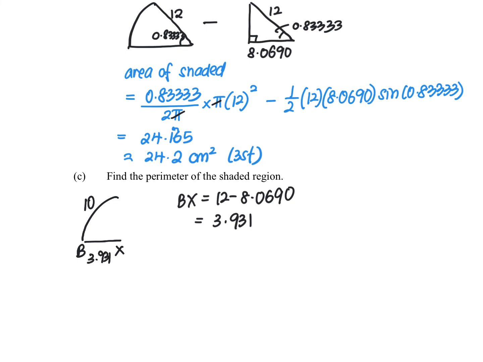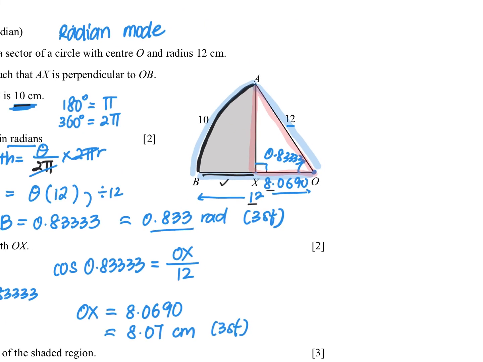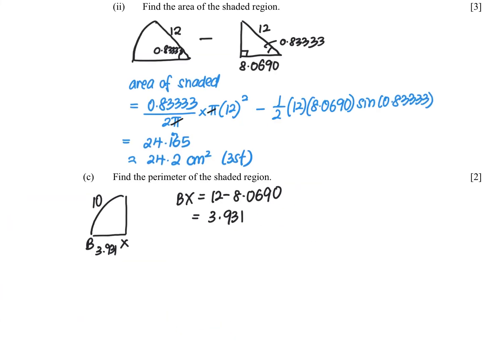And last but not least, I need to find this portion over here. How do I find this length AX? Well, this length AX is part of the triangle 12 and 8.0. And we have a right angle triangle, so we can easily use the Pythagoras theorem. Very good.